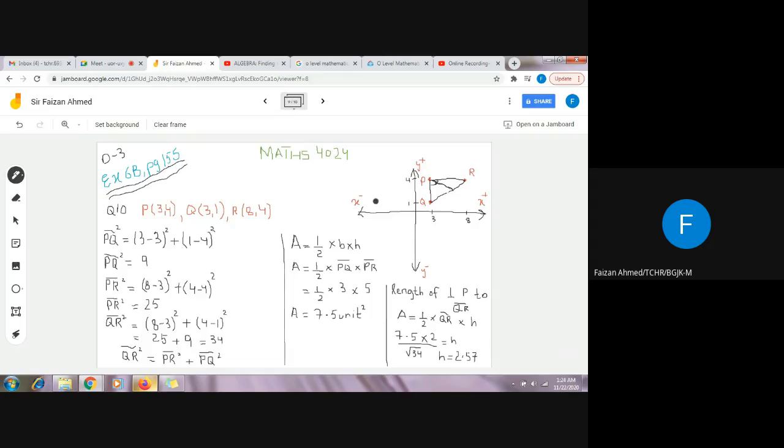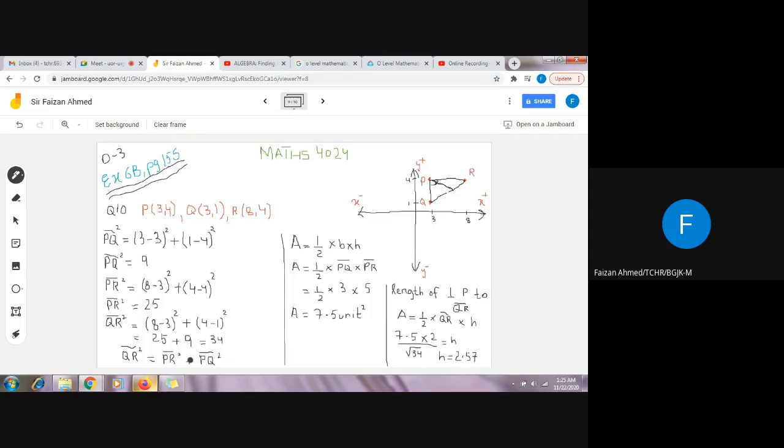Since I have drawn the diagram, I can clearly see that QR is the hypotenuse. Out of these three sides, the biggest side is QR, so this is my hypotenuse. I can see that the square of the hypotenuse is the sum of the squares of the other two sides. So I can write the Pythagoras theorem as: QR whole square is equal to PR square plus PQ square, which proves Pythagoras theorem, because this is the hypotenuse, this is the perpendicular, and this is the base.